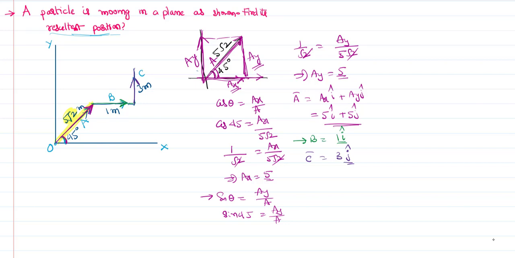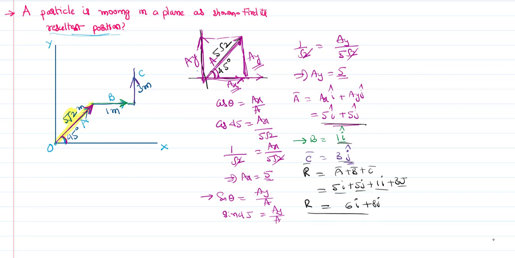The question asks for the resultant of all these vectors. So r bar is simply a bar plus b bar plus c bar. A bar is 5i plus 5j, b bar is 1i, c bar is 3j. So 5i plus 1i is 6i, and 5j plus 3j is 8j.